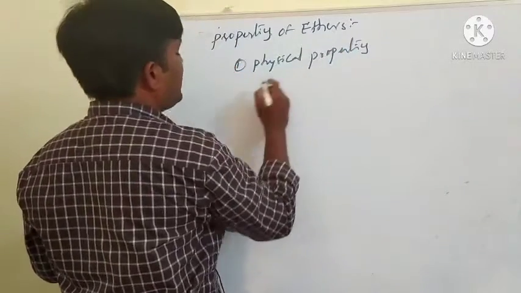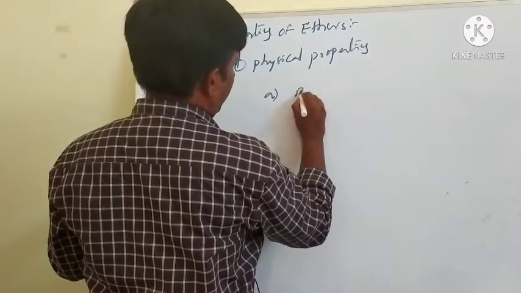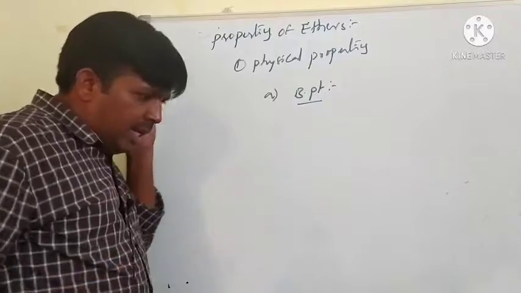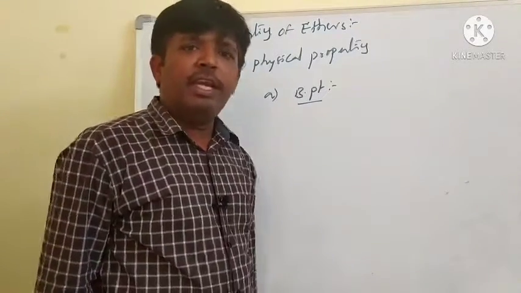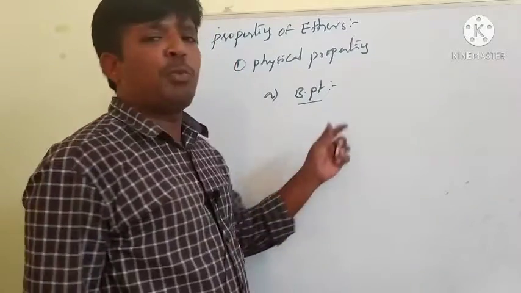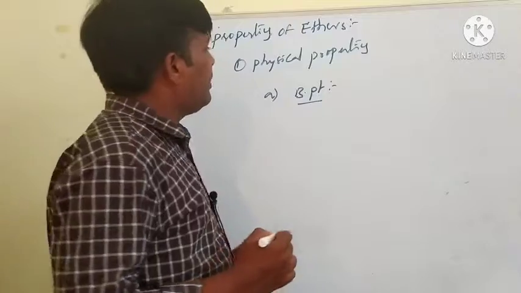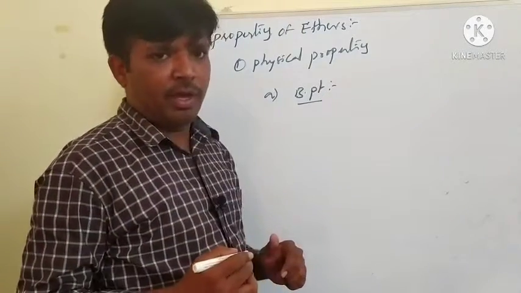In the physical properties, the first one is boiling point. Ethers' boiling points are the same as, or resemble, the corresponding alkanes' boiling points.